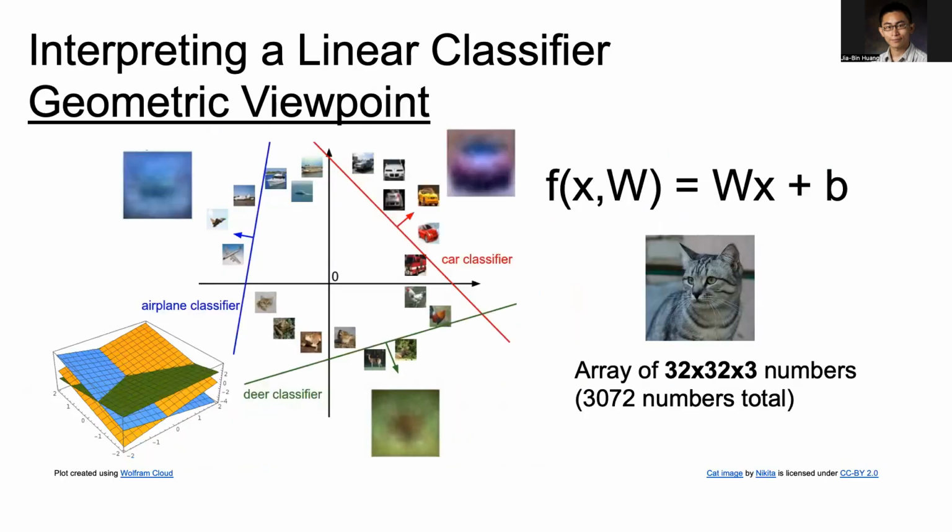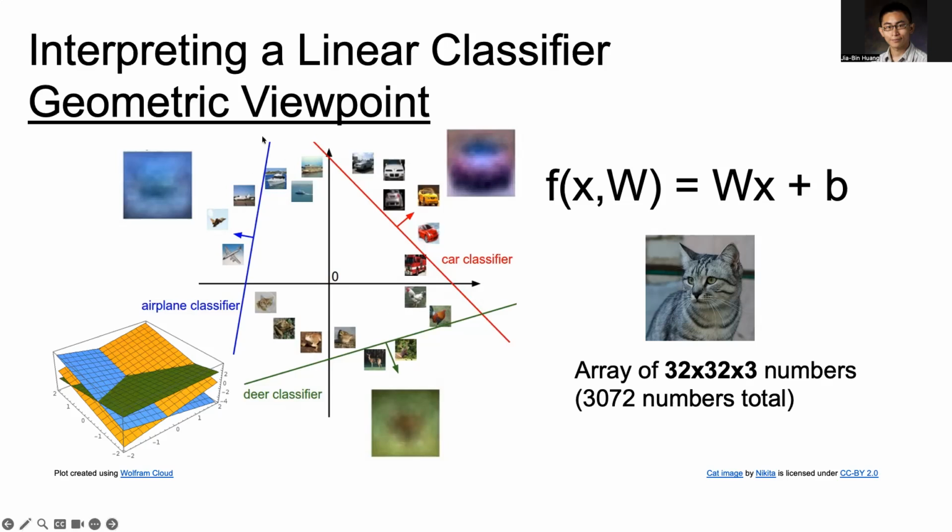You can also think of Wx plus b as a line in this image space. The image space is very high dimensional, like a 3000 dimensional vector, but Wx plus b, which gives you a score, is essentially cutting this visual space with a plane.